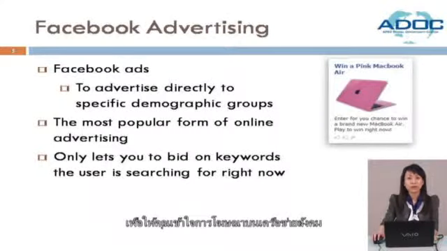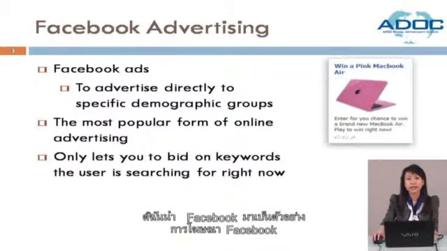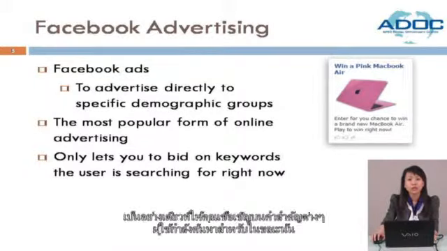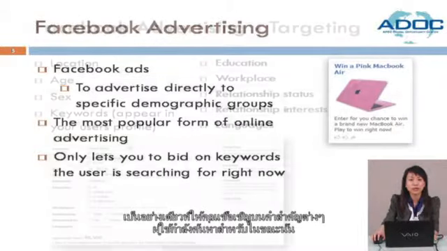To let you understand social network advertising, I take Facebook as an example. Facebook ads give you the ability to advertise directly to specific demographic groups. This is the most popular form of online advertising, which only lets you bid on keywords the user is searching for right now.